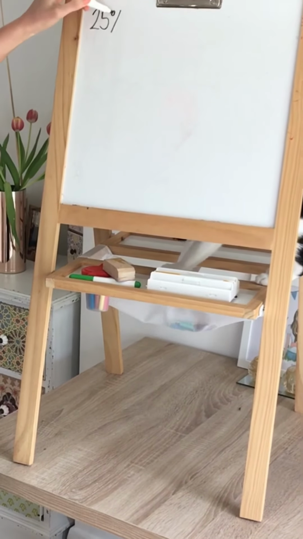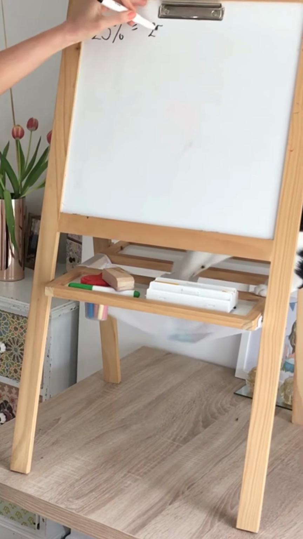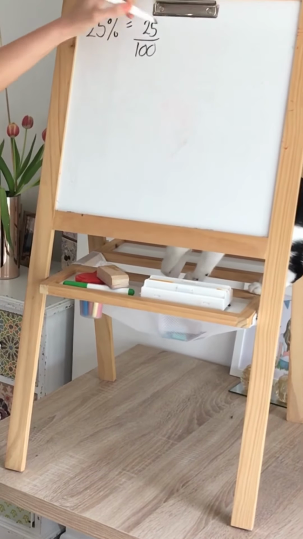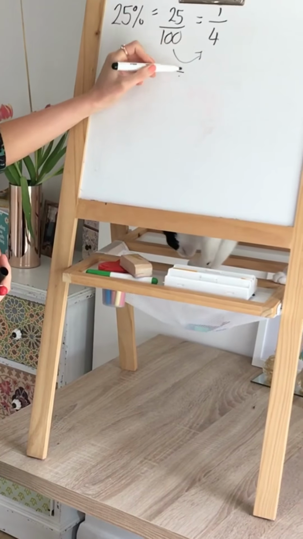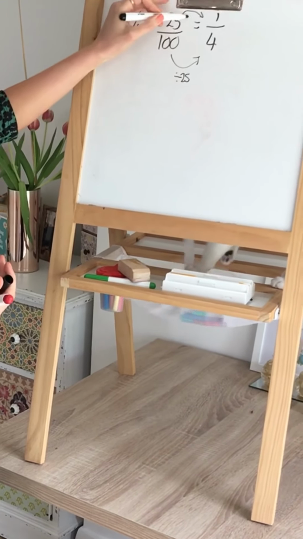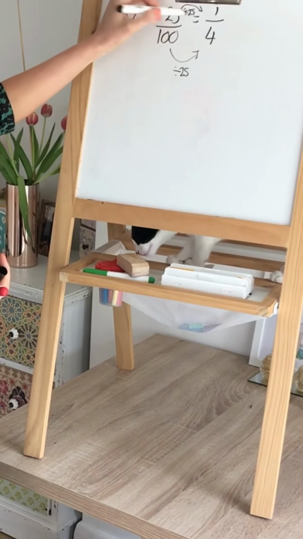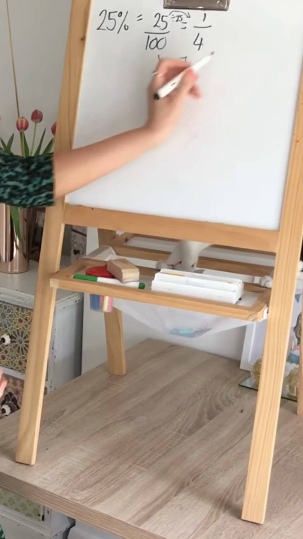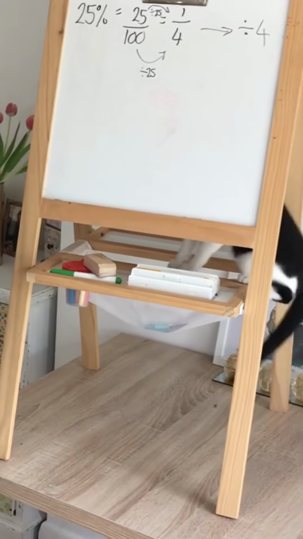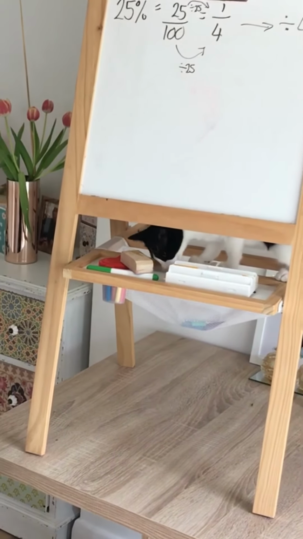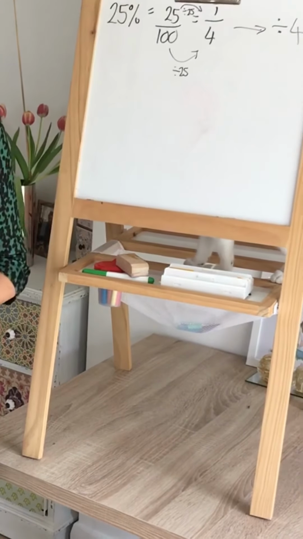So 25% is the same as 25 hundredths. If we simplify it, it's the same as finding a quarter. What do we do to find a quarter? We divide by 4. Okay, so for 25%, we divide by 4 because it's the same as a quarter.